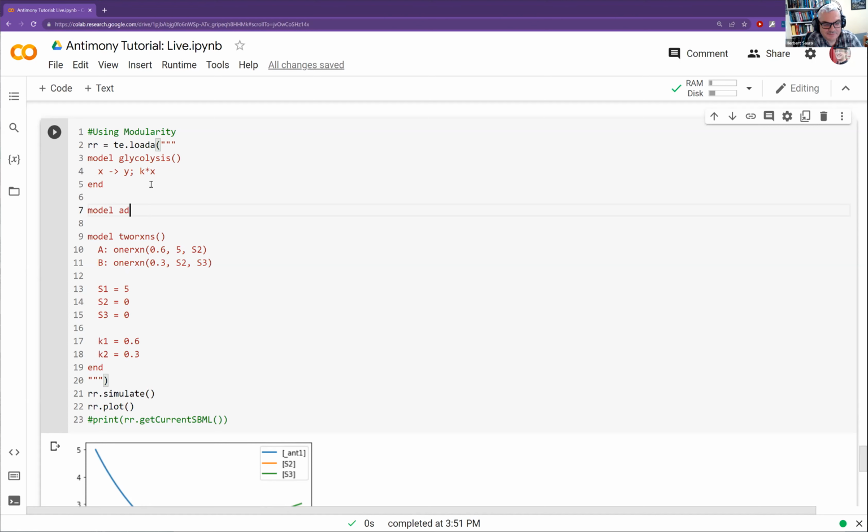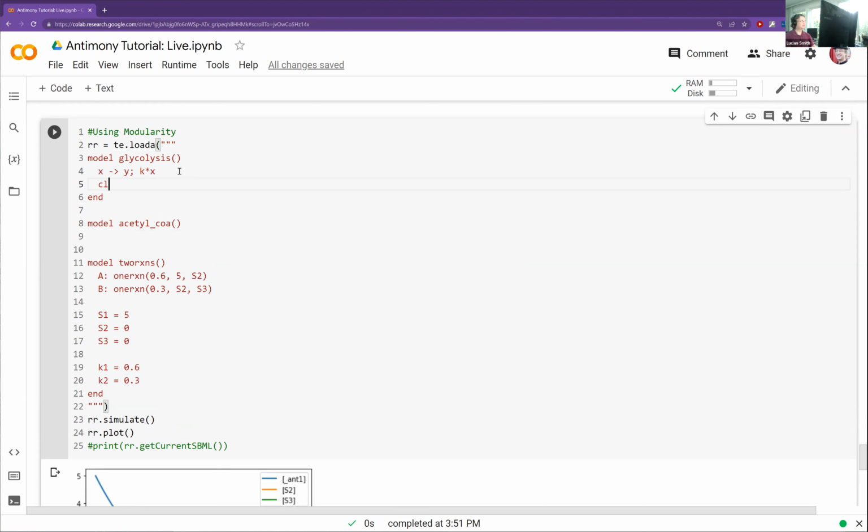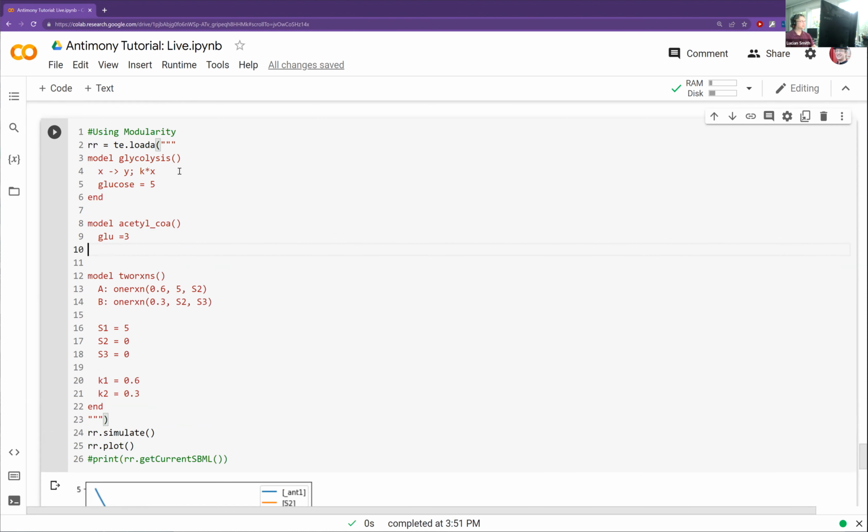Acetyl-CoA, sure. Acetyl-CoA has stuff also. And let's say they both have glucose in them. Glucose equals 5, right? But this one has glucose, but it calls it something else.